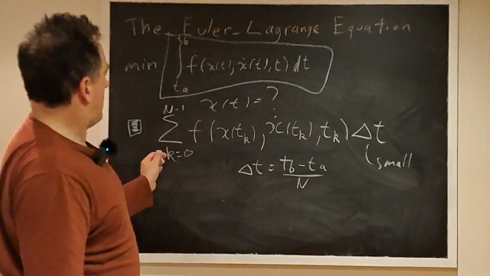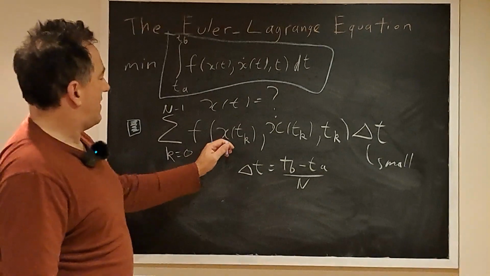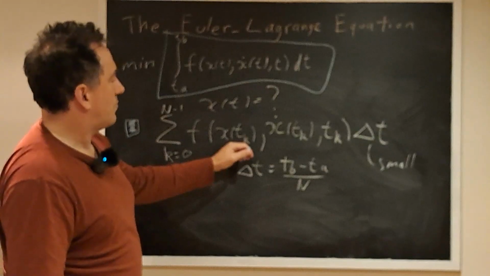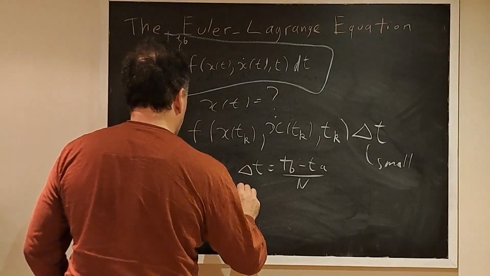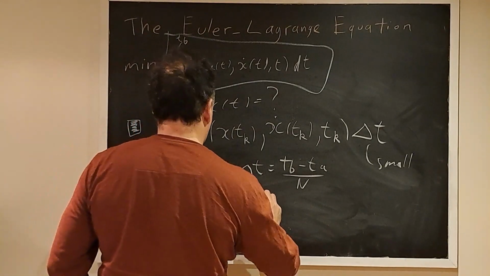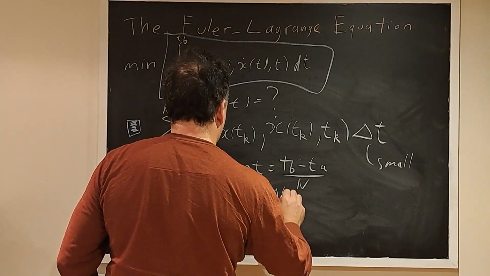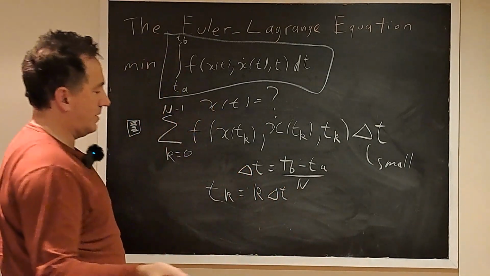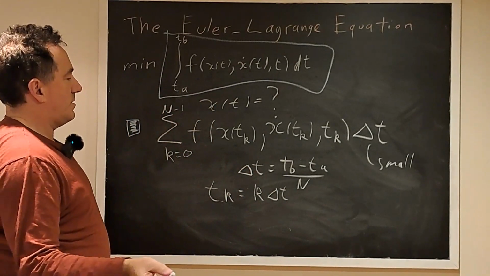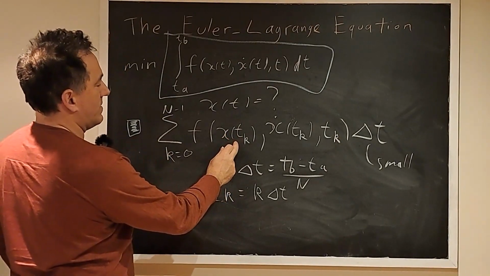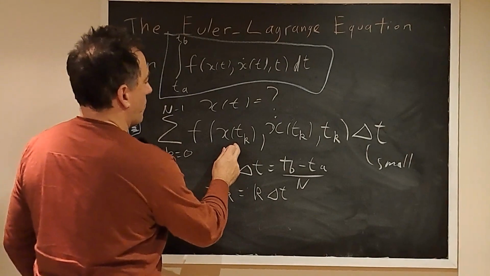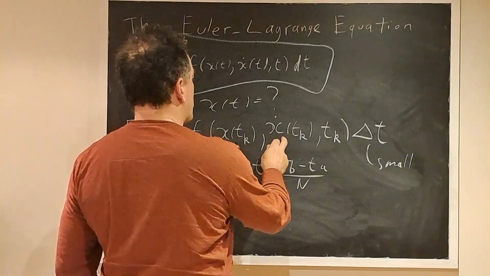Okay. Now, these time tk's are tk equals k delta t, simply. So now x at time tk, it's easy to see what it is, just the position, but what is the derivative of the position at time tk?